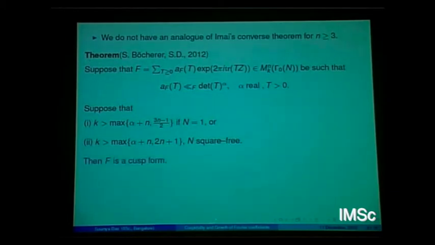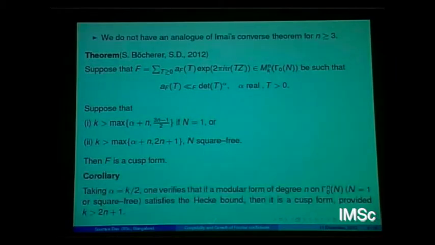Then you can conclude that f is a cusp form. This was in 2012. If you put alpha equal to k by 2, namely the Hecke bound, then for n equal to 1 or n square free, you can conclude that f is a cusp form provided k is a bit large: k is greater than 2n plus 1, if you just plug in.